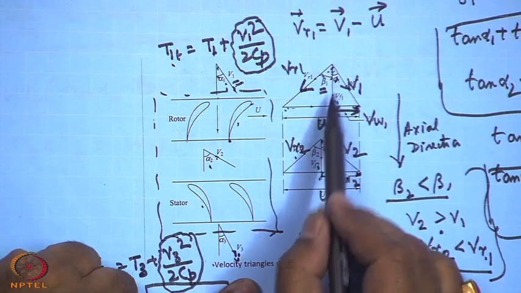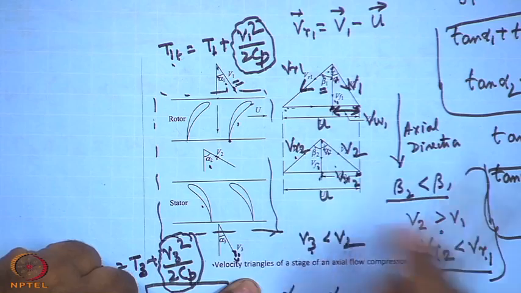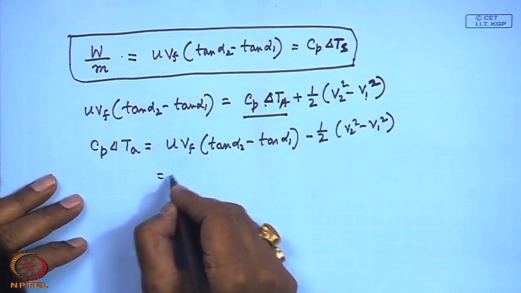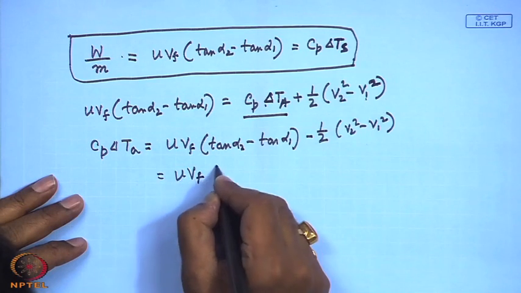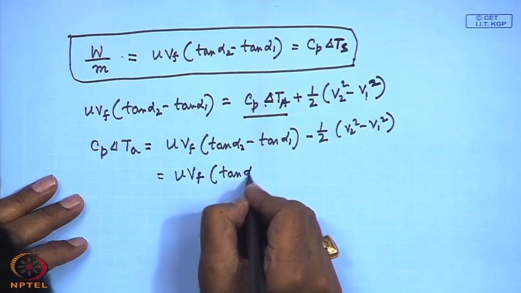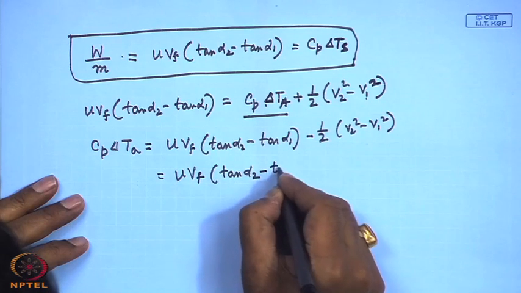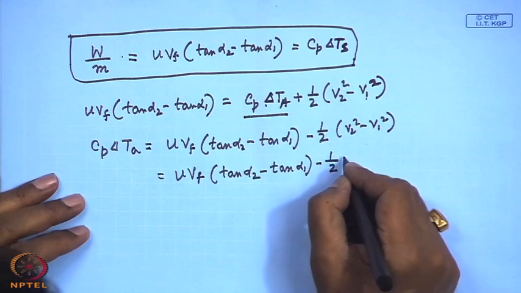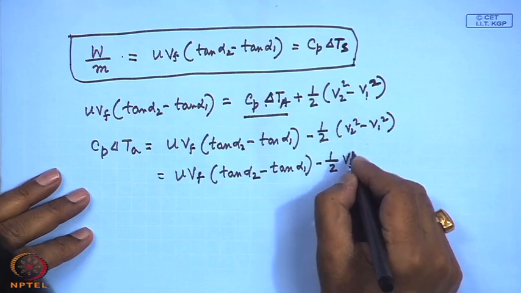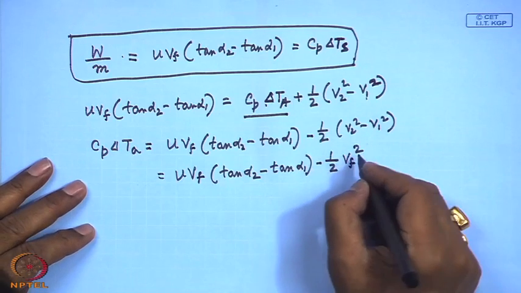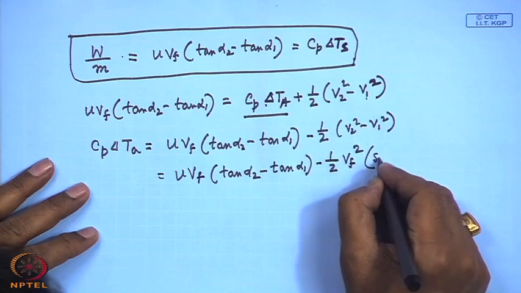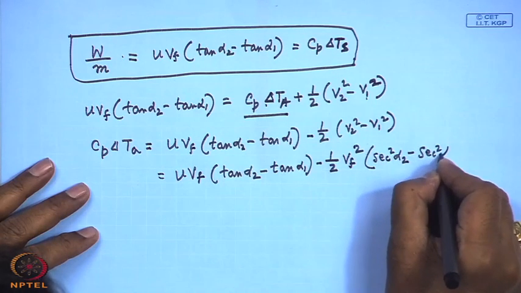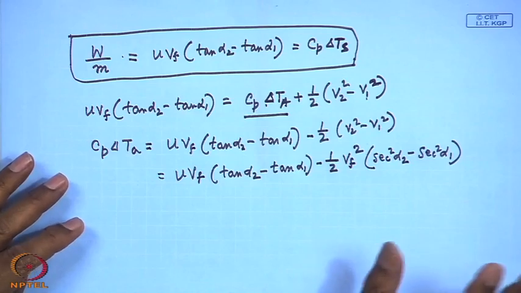So, with this I can write this equal to U Vf (tan alpha 2 minus tan alpha 1) minus half Vf square, I take Vf common, into (sec square alpha 2 minus sec square alpha 1). I think I am correct, sec square alpha 2.